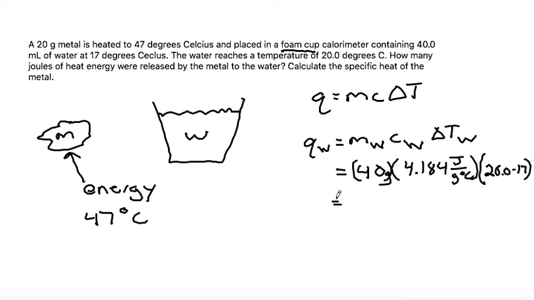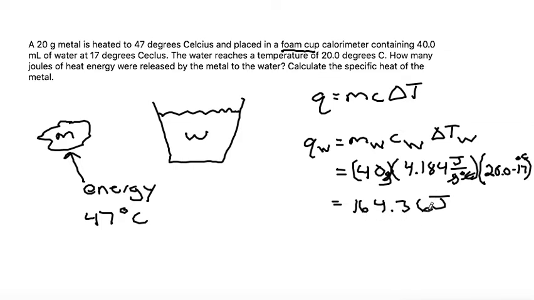So now we can just multiply all this out. If we do 40 times 4.184, and then 20 minus 17 is 3, we get 164.36 joules, because the grams canceled and the degrees Celsius canceled with the unit of degrees Celsius from the temperature.